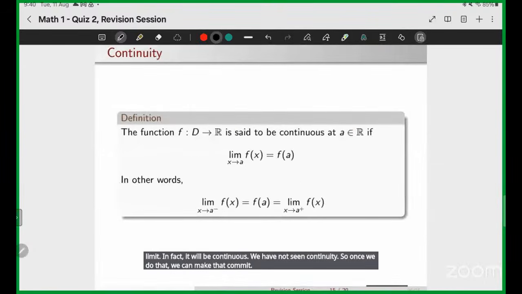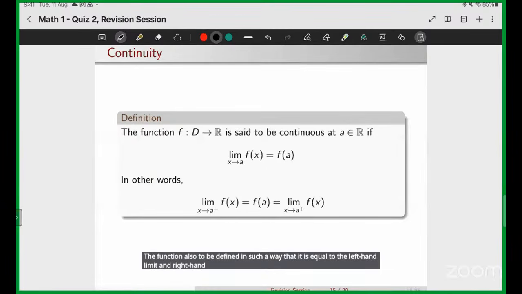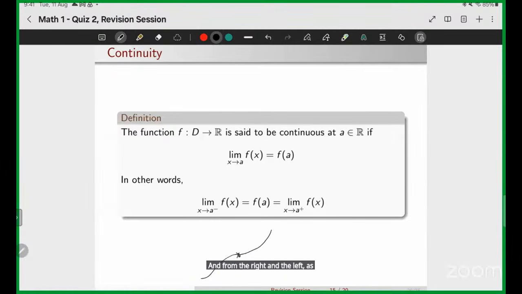All right. So continuity is now a very natural extension of whatever we have seen. If we have the right-hand limit and the left-hand limit exist, and the function is also defined in such a way that it is equal to the left-hand limit and right-hand limit, then the function is called continuous. Visually, you need to have the function converge to a certain point from the right and the left, and the point itself should have the same value.